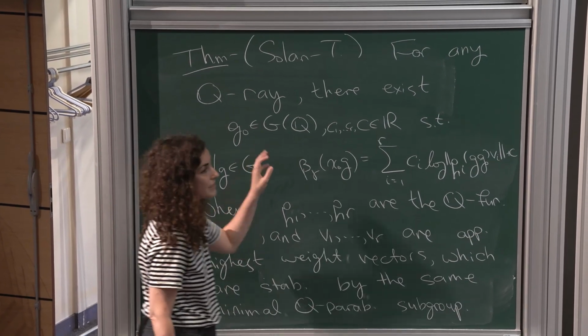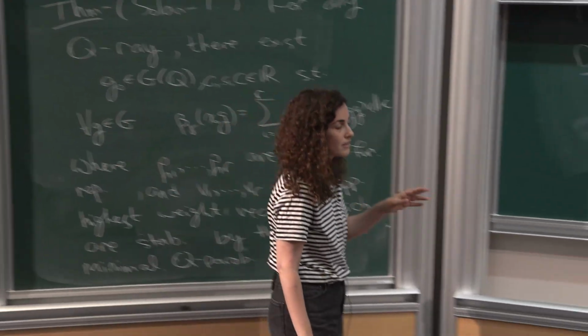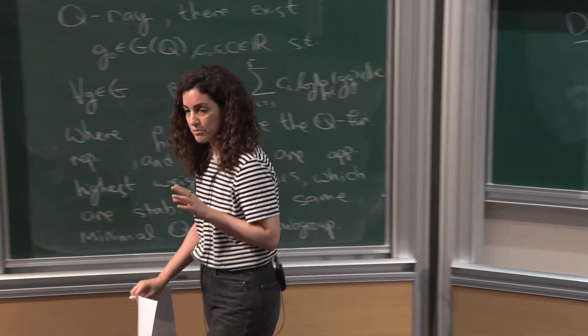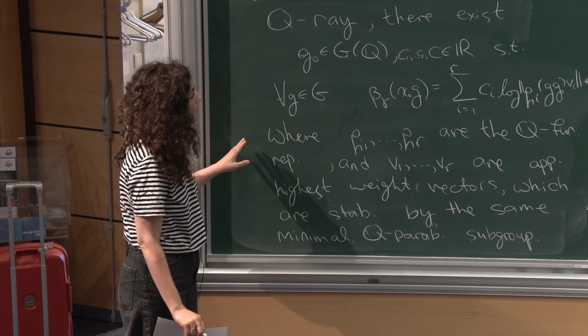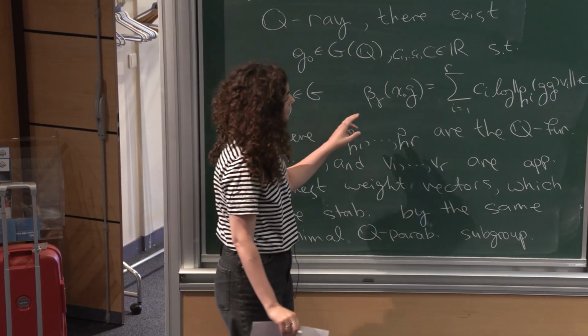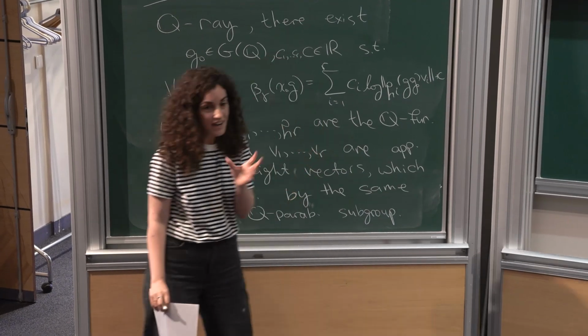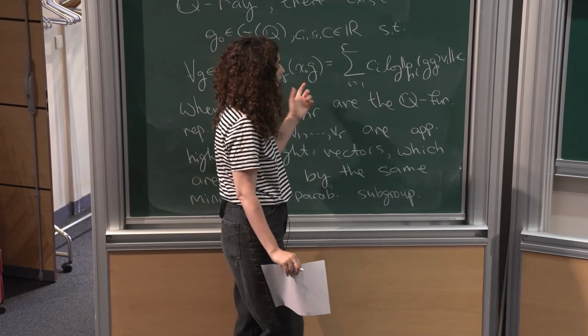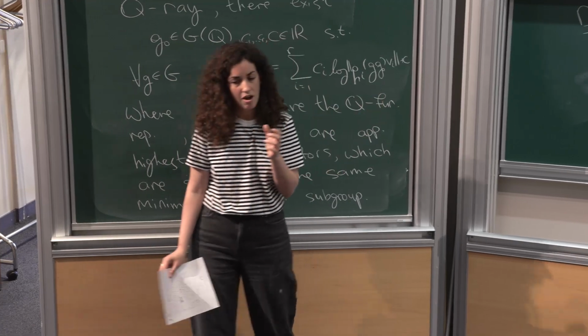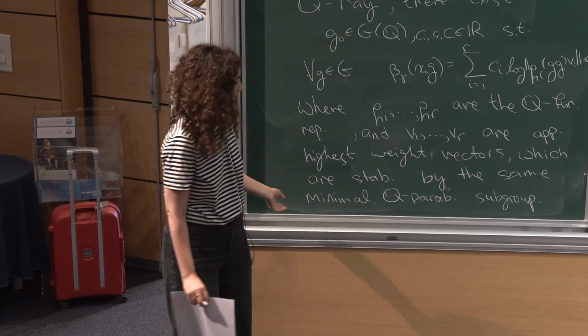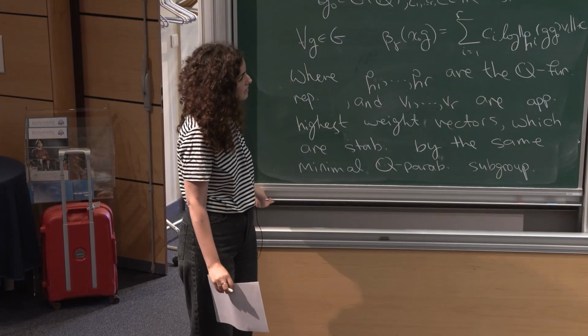Okay, so this tells me that if I have a Busemann function, I can see how it behaves: the values of a Busemann function can be approximated by the values of fundamental representations. Okay, now what are these fundamental representations?